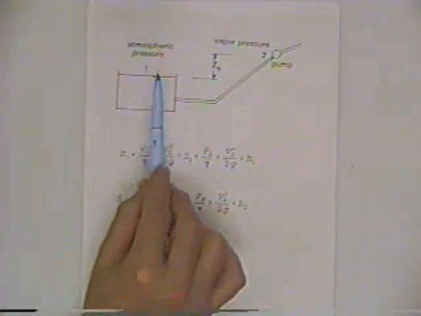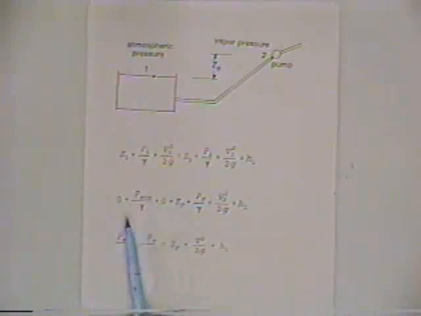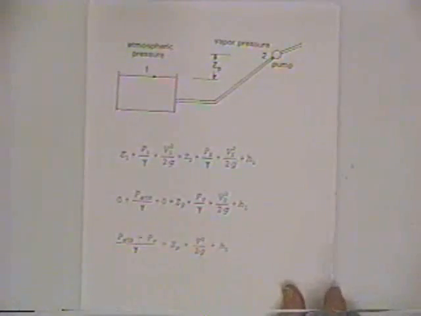You're going to on purpose set points 1 and 2 so that you can plug in zeros for the elevation head and the velocity head there, and you're going to have these terms, and it's always going to come out to this expression. Of course, the numbers will vary depending on the problem.